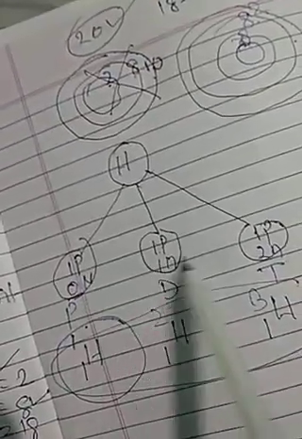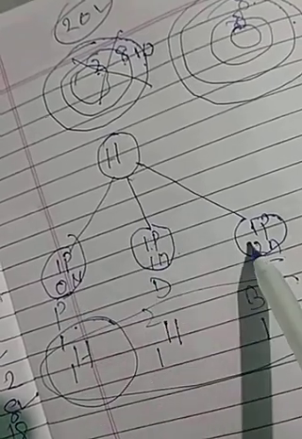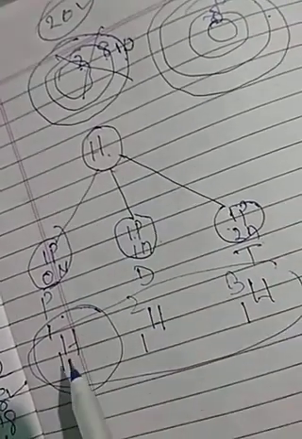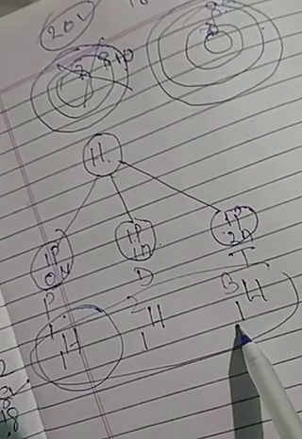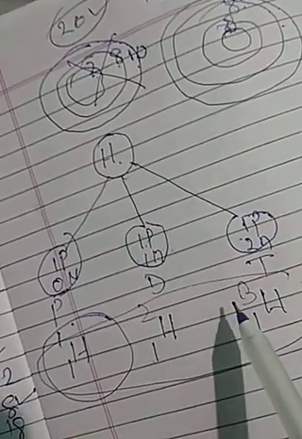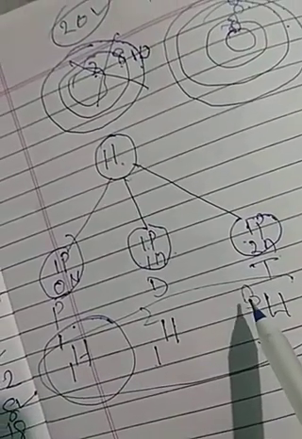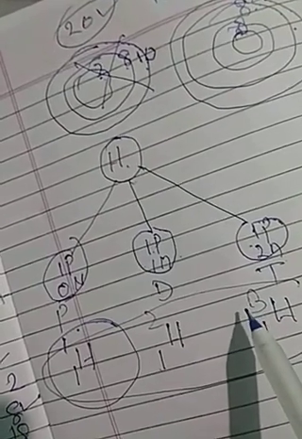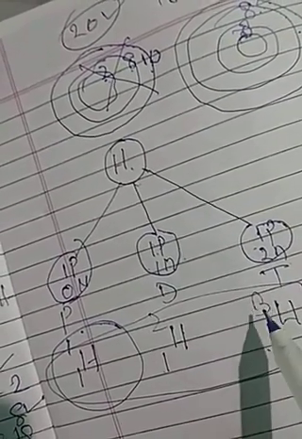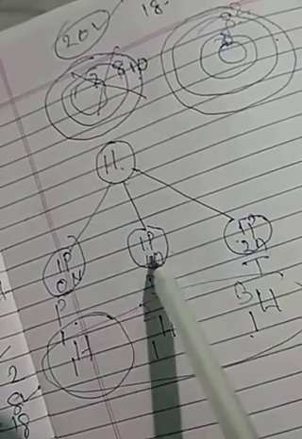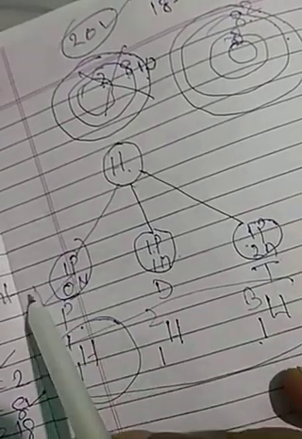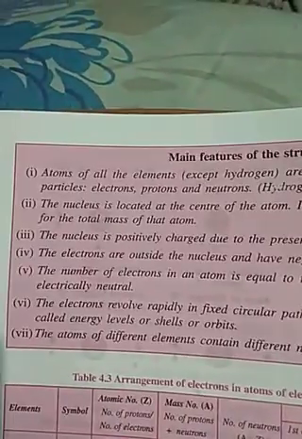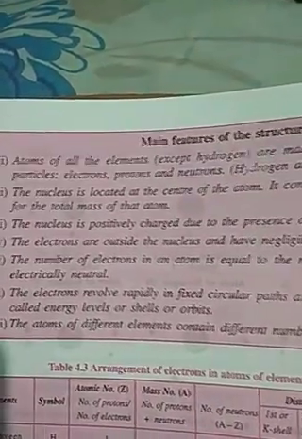And these different forms, these different atoms of the same element having the same atomic number, are called isotopes, which we saw during our last classes. So except this hydrogen atom, all are made up of proton, electron and neutrons.